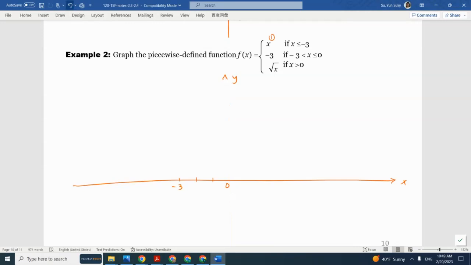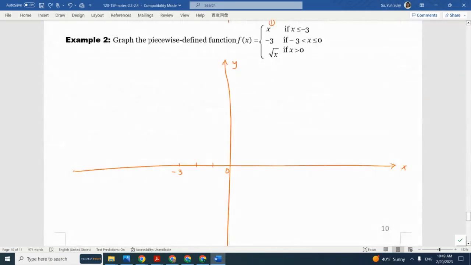Which is, oops, I don't want to erase it. Okay, so which is -3 here. So open circle or solid circle? Solid. Okay, we need 1 more point. Can I plug in -2?